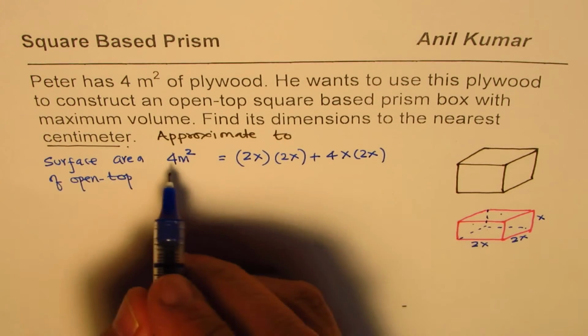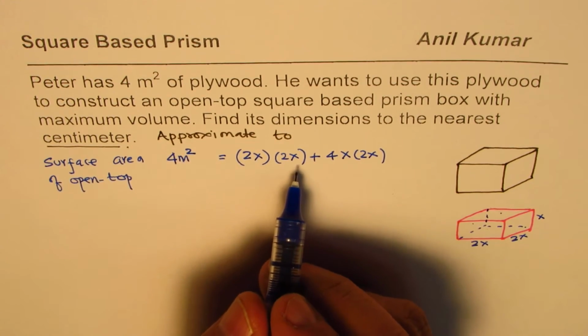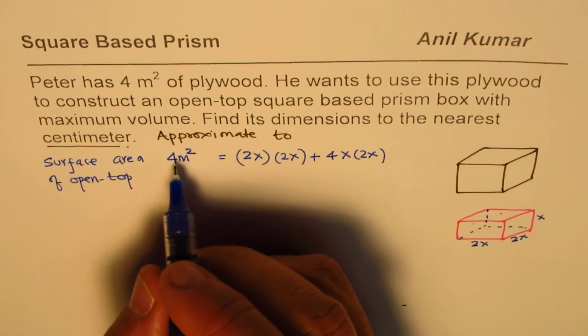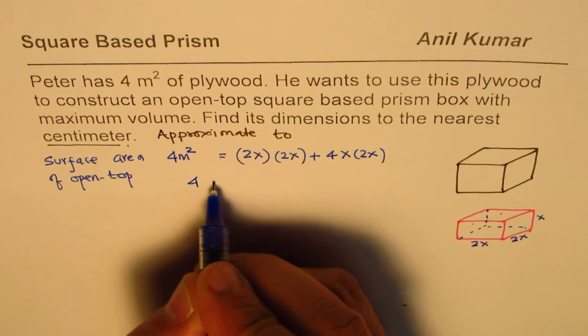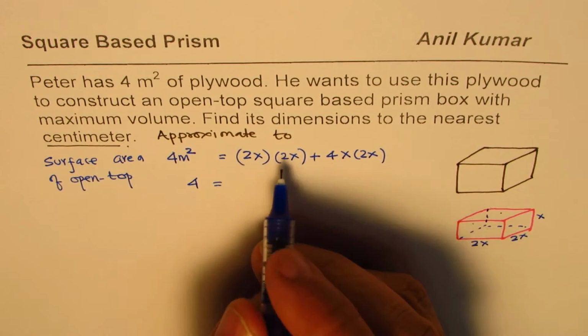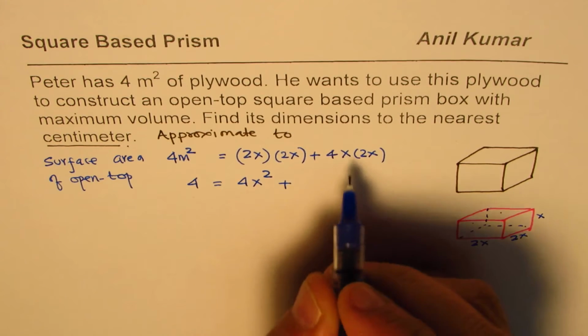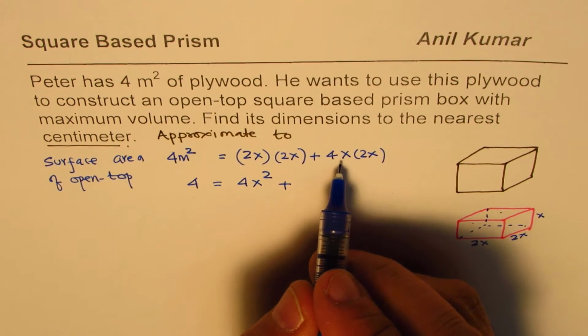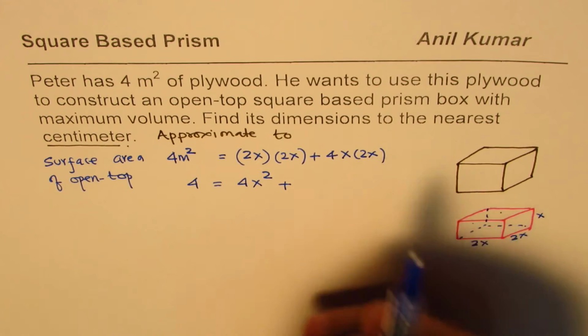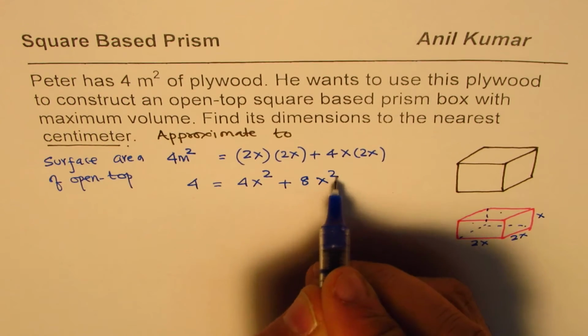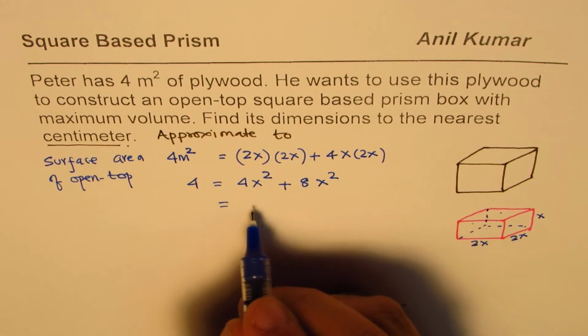So we can calculate x from this particular equation. So what we have here is 4 equals 2x times 2x is 4x squared, plus 4x times 2x, which is 8x squared. So 4 plus 8 is 12.